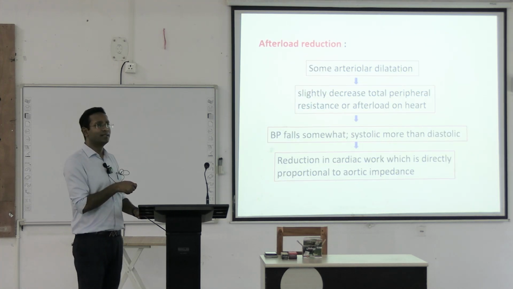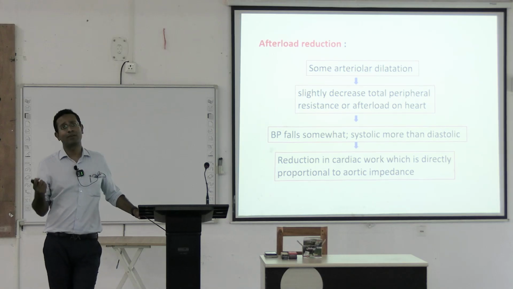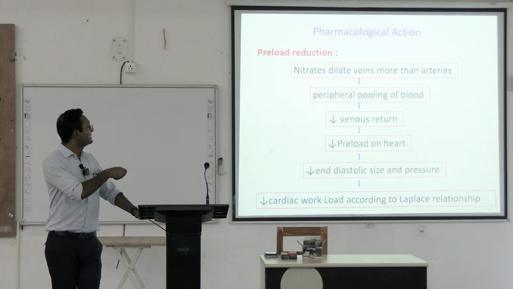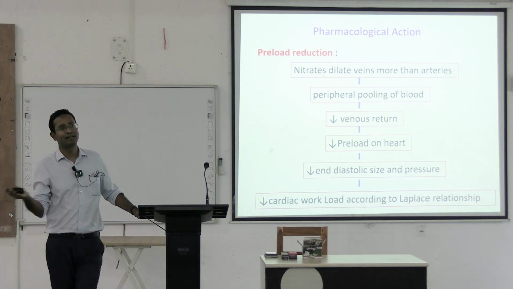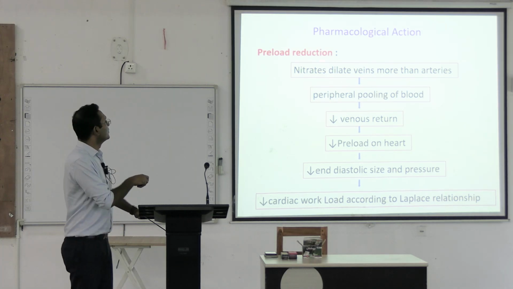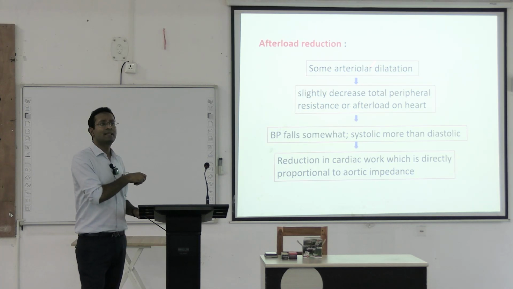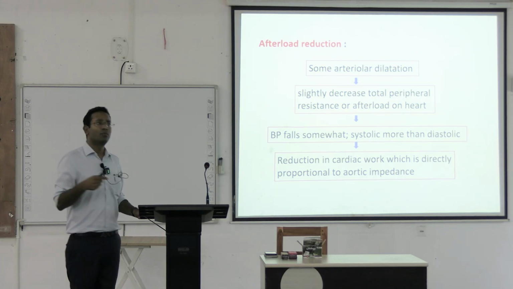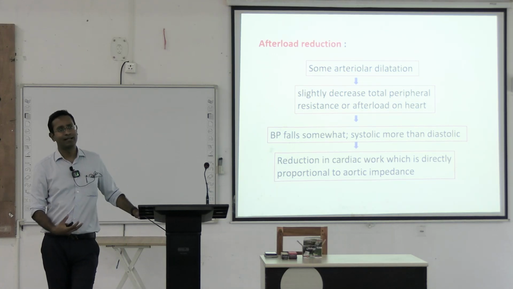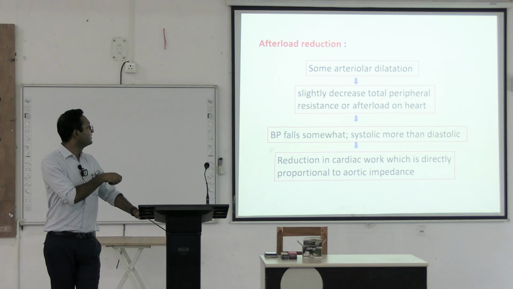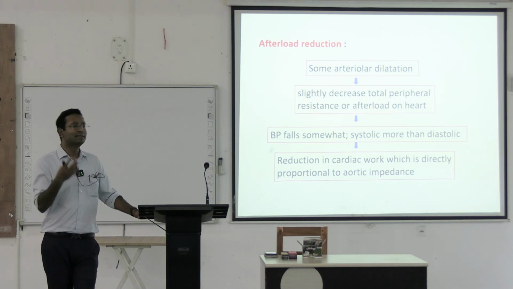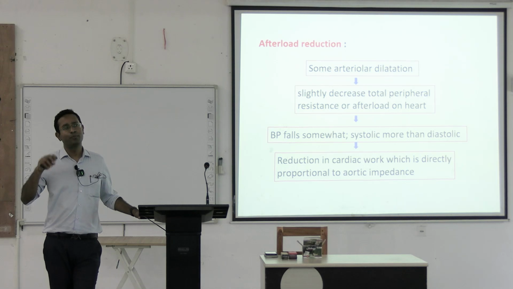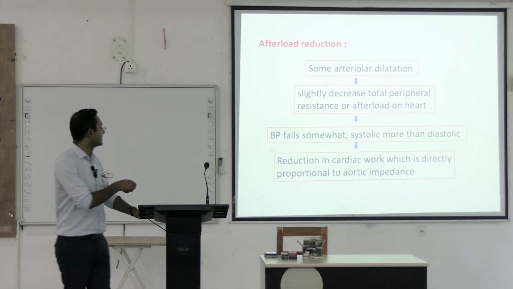Now, the afterload reduction. Nitrates, what do they do? They of course dilate the veins but also dilate the arteries. Venous dilation is more than the arteries, but it also dilates the arteries. So, there is some arteriolar dilation. What happens when there is arteriolar dilation? There is a decrease in peripheral resistance, or the afterload on the heart is decreased. The work required to pump the blood by the heart is reduced.